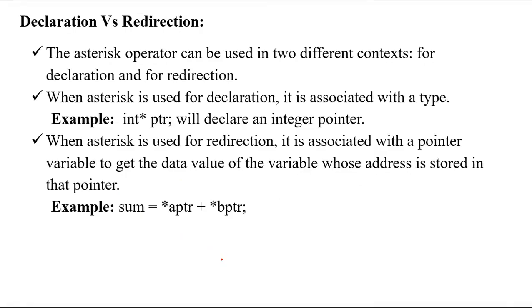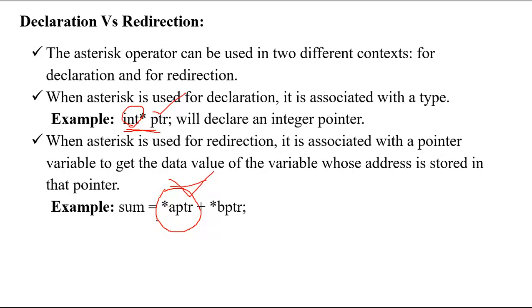Next thing, the declaration versus indirection. Over here, we are using the star operator for two different purposes. One is to declare a pointer, int *. What does this int * do? For declaring ptr as a pointer, we are using this star, that is the asterisk symbol. It has another functionality, to indirect a pointer. As an indirection operator it will also work.